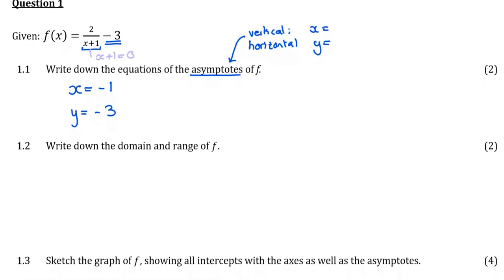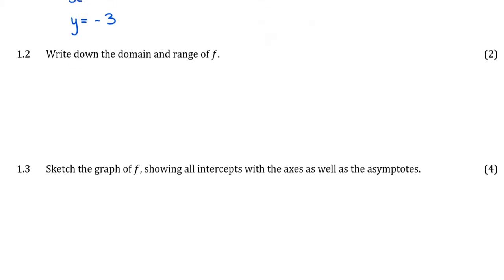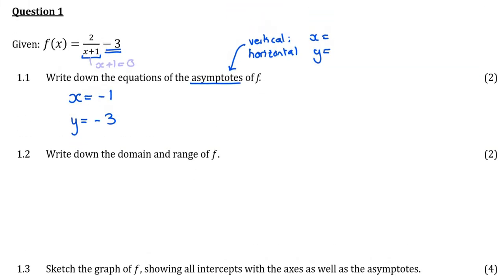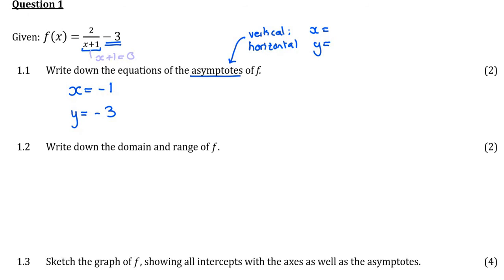Okay, moving on, write down the domain and range of f. Now, I haven't even drawn the function, and so some people would prefer to do the next question, which is sketch the function, and then come back. But let's just think about it. Every single hyperbola has a domain of x can be anything, and y can be anything, except there's one value that x can't be, and there's one value that y can't be.